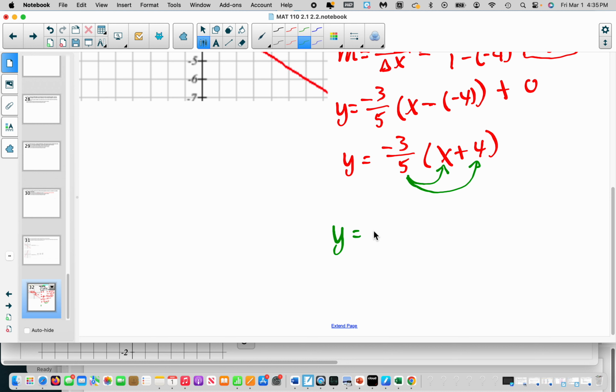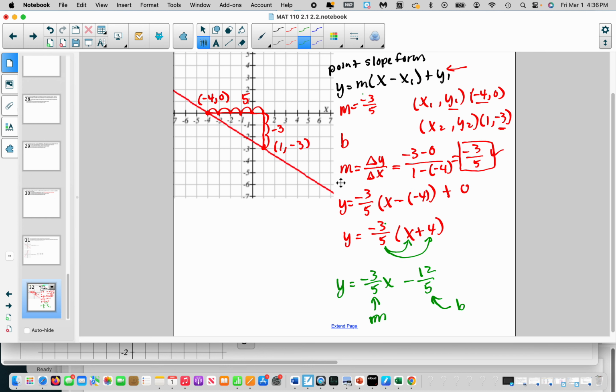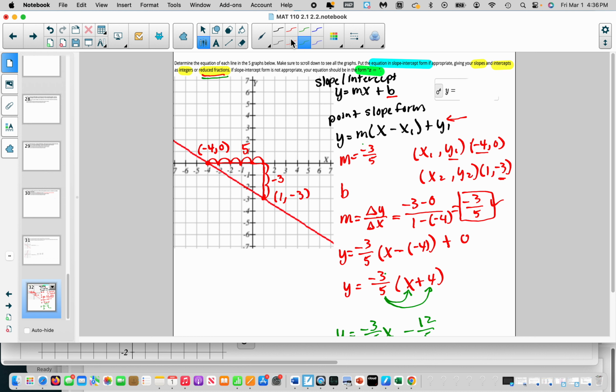This gives me y equals negative 3/5 x, this is my slope, this is my m, plus negative 3/5 times 4, which is negative 12/5. Now this is my y-intercept, that's my b. I have that in reduced fraction form, and that is our answer here.